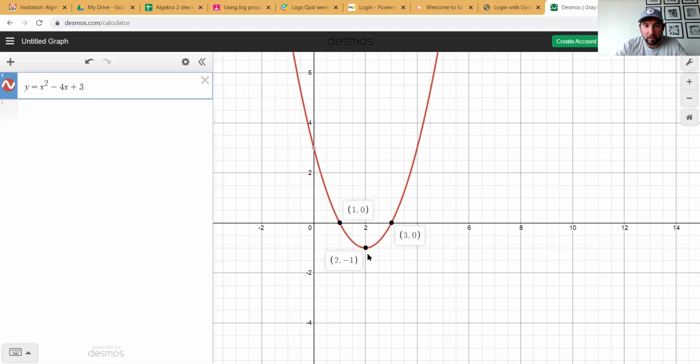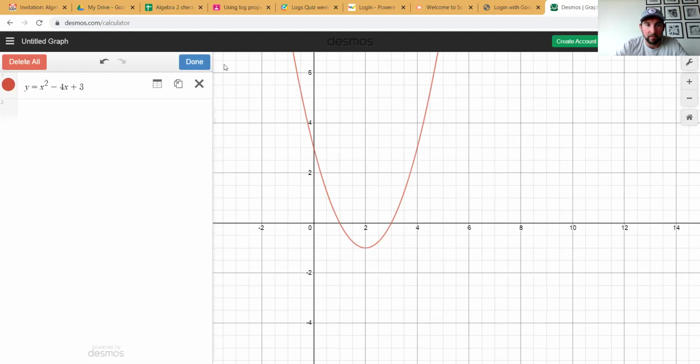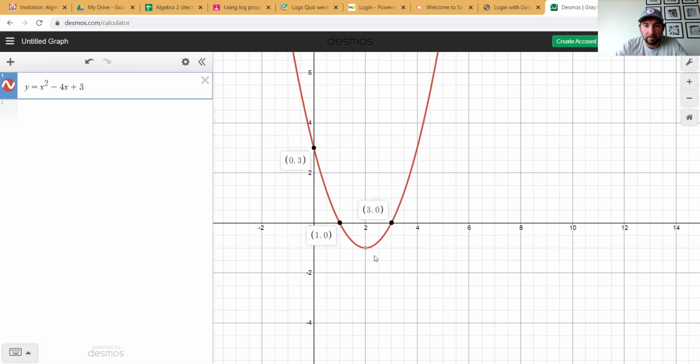This is my vertex. I wanted to add little clips in here, but I couldn't. So here's my zeros, my y-intercept, and my vertex. And this imaginary line going right down the middle is my axis of symmetry.